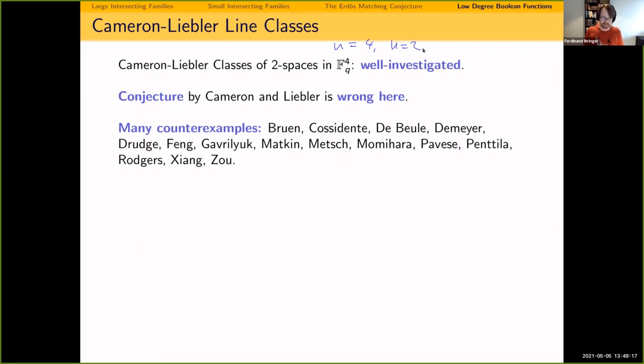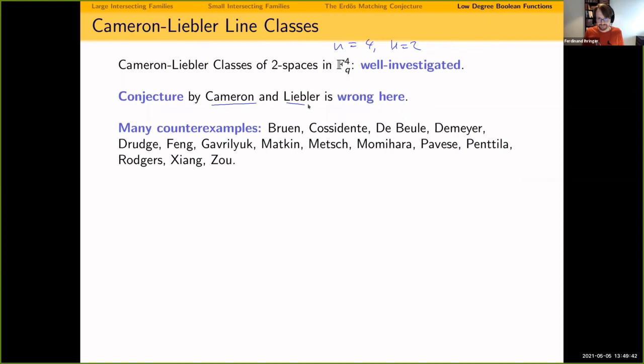Now you found more examples. When someone makes a wrong conjecture and you find examples contradicting it, what do you do? You name the counterexamples after the people. So these things are called Cameron-Liebler line classes in this particular case. So it's sometimes good to make false conjectures because then things get named after you.